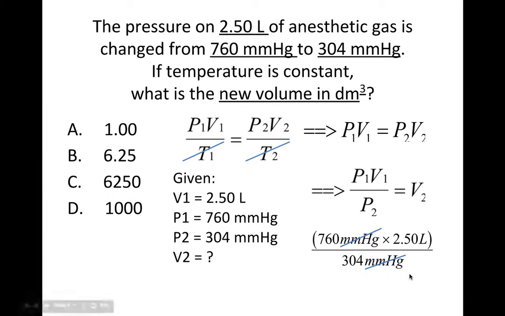The reason I do that is just because I don't want my computer or calculator to try to put things in a different order. Sometimes when they put it in a different order, you end up getting the wrong answer. When I type all of that in, my millimeters of mercury units cancel out. I'm left with liters, which is the same as decimeters cubed, and the answer is B, 6.25.